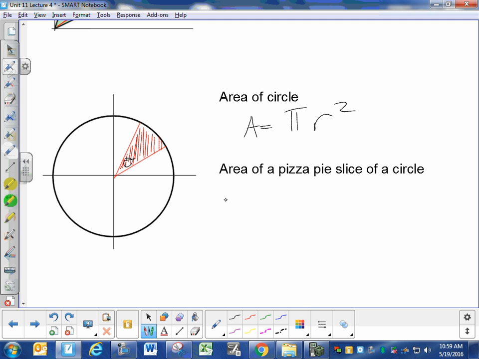So I just need, I'll do area of a pizza slice, pi r squared times that theta measurement over what? Yeah, so 360 would be perfect if we were talking about degrees, but 2 pi because we're talking about radians.